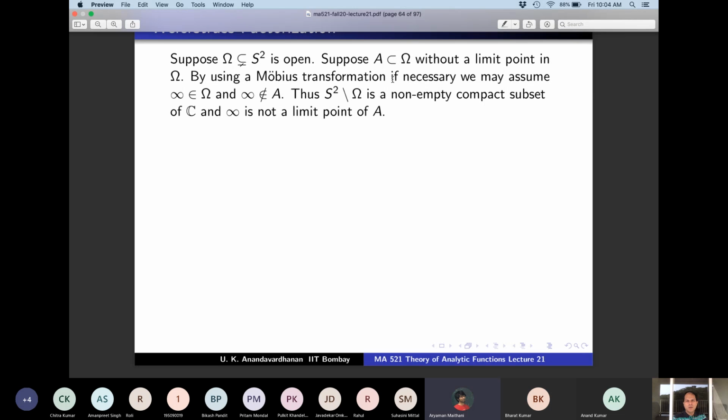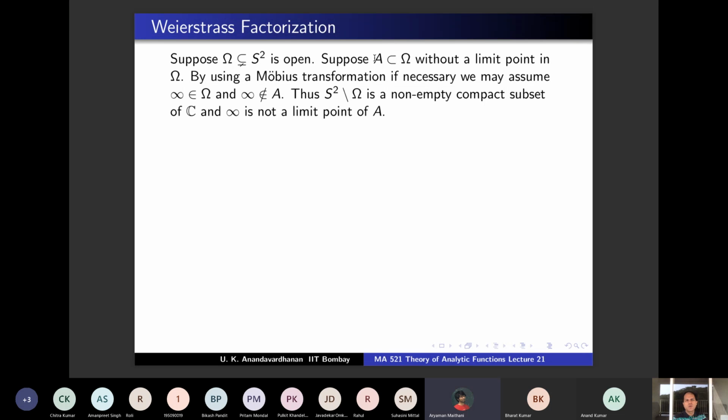Because A has no limit points in omega, and infinity belongs to omega. Therefore, infinity is not a limit point of A. Okay, so this is what you have. By your assumptions, which is a without loss of generality assumption using a Mobius transformation, S2 minus omega is a compact subset and infinity is not a limit point of A.